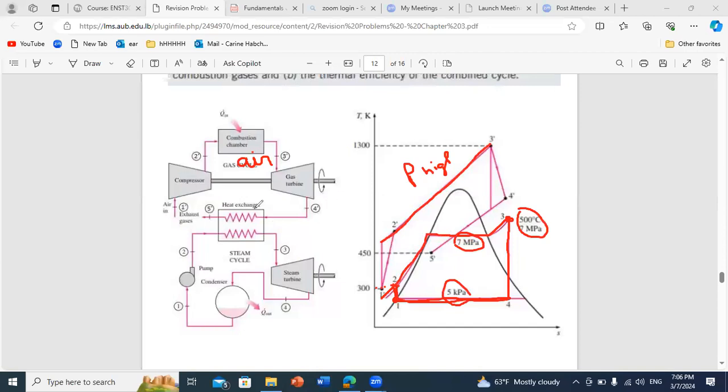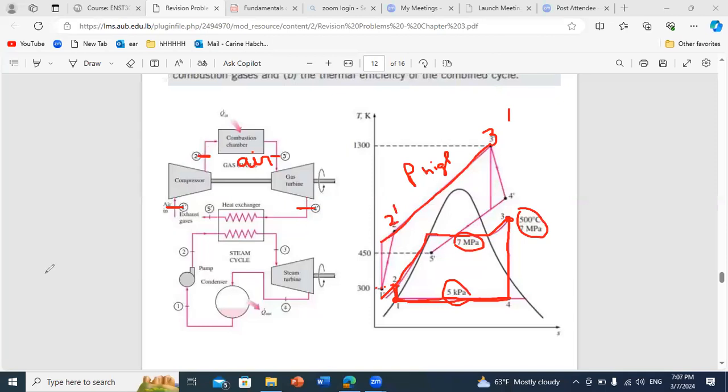For the Brayton cycle, the pressure at the inlet of the compressor is always equal to the pressure at the exhaust of the turbine, and the pressure at the exhaust of the compressor is equal to the pressure at the inlet of the turbine. So you can see here that points 2 prime and 3 prime are on the same pressure line, while points 1 prime, 4 prime, and 5 prime will also be on the same line.